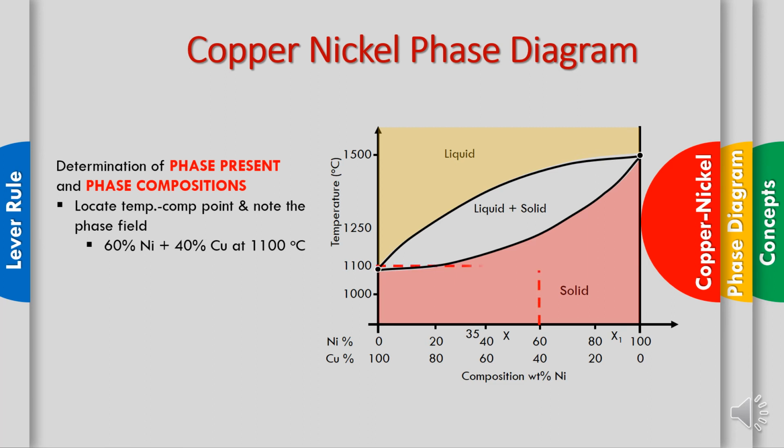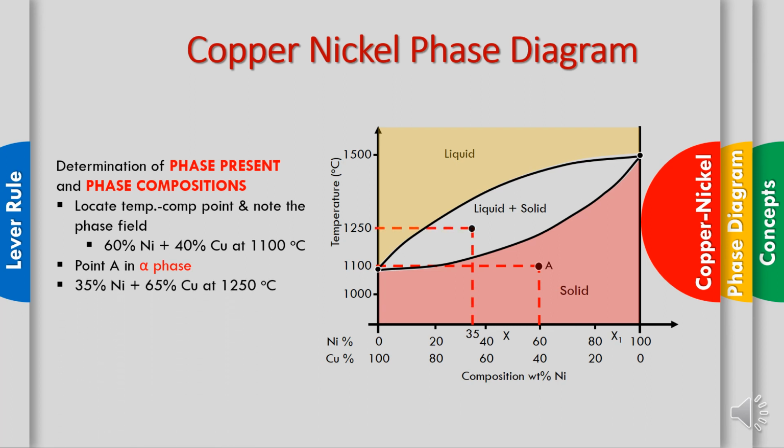Let's say 60% nickel and 40% copper at 1100 degrees Celsius. We make the intersection of the two lines at point A, which is in the region of solid solution, with 60-40 nickel-copper in the solid phase. The symbol we use here is alpha phase, which represents the solid phase.